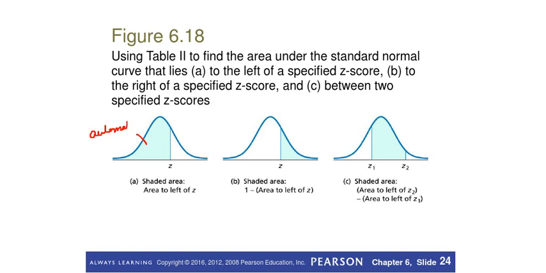There's not a lot of mathematics here other than looking up the value on the table or putting it into Excel. The rest of it is not automatic. We have to do things to get it. Let's say we're interested in the area to the right. What is the probability of finding a value greater than this value of z? The way we do it is we take 1 minus this area that we got from the table or Excel.